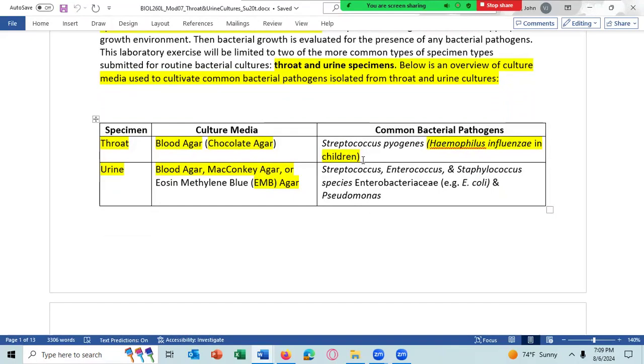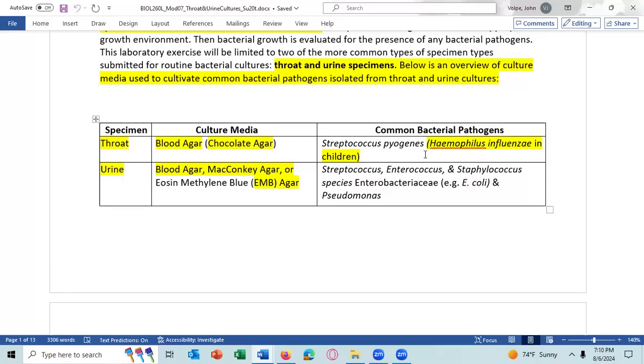But for children, especially small children and infants, we also use blood agar and chocolate agar. We're looking for Streptococcus pyogenes, but also for Haemophilus influenzae in young children and infants. Any question about any of that? Those are the only common bacterial pathogens isolated from the throat.